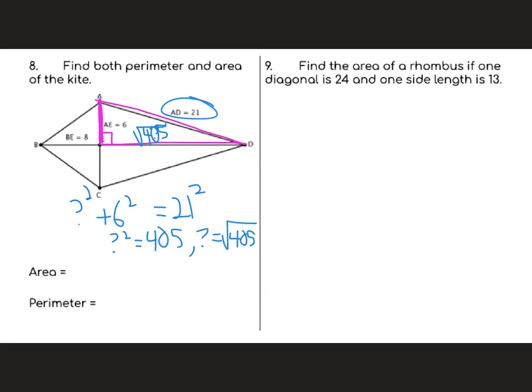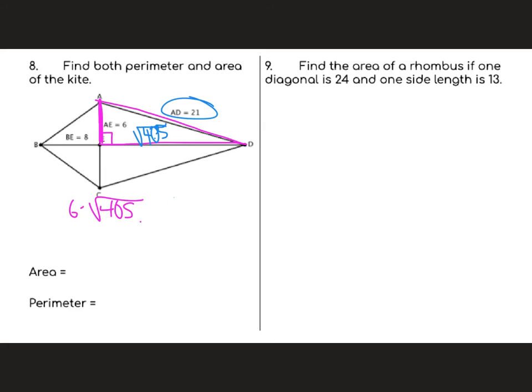So if I wanted the pink triangle, I'm going to erase that work I just did so I have space. The pink triangle is going to be base times height divided by 2. So that's 6 times square root of 405 divided by 2, which is 3 times the square root of 405.